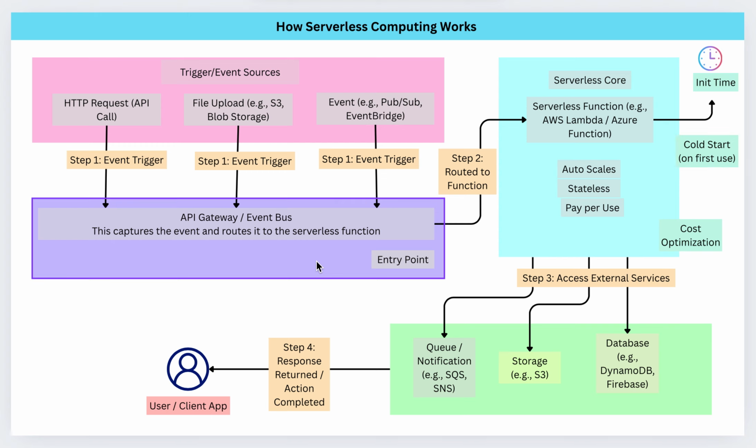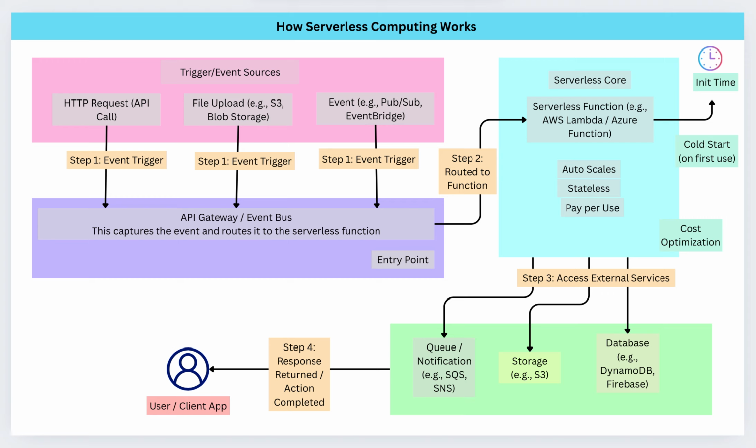Then we have API gateway or the event bus, which is the entry point. This is the controller or the gatekeeper that receives those events and determines where to send them next. API gateway is used for HTTP based triggers like web requests. It acts like a front door that accepts incoming API calls.